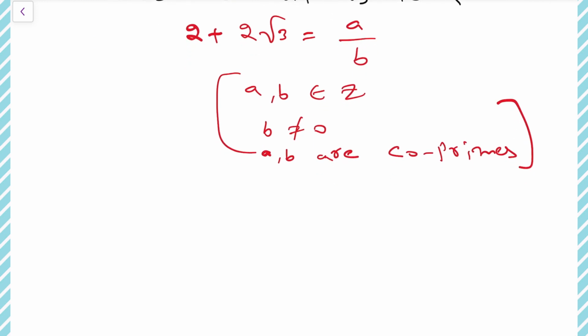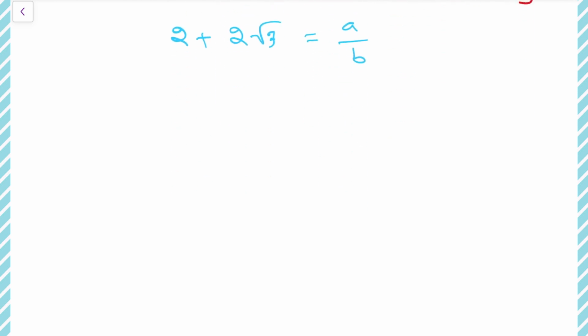Now here, whatever the steps we have, I am writing that again here. 2 plus 2 root 3 equals a by b. Now taking this 2 to the right side, it becomes minus 2. So we remain with 2 root 3 equals a by b minus 2.